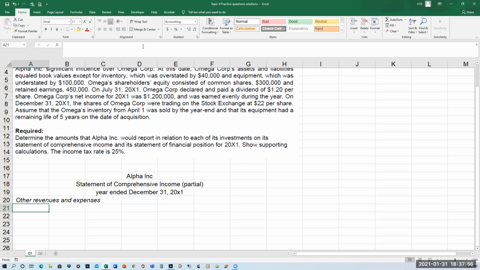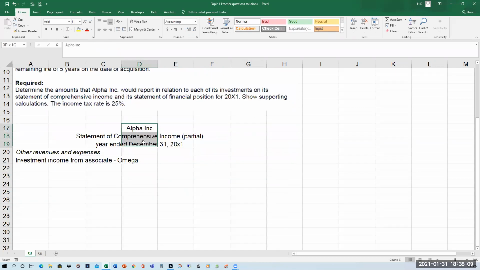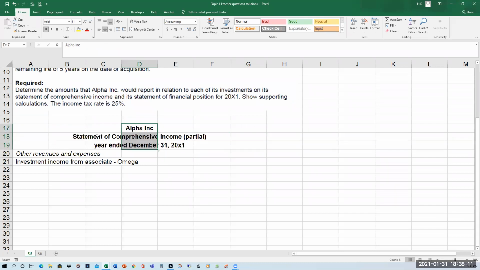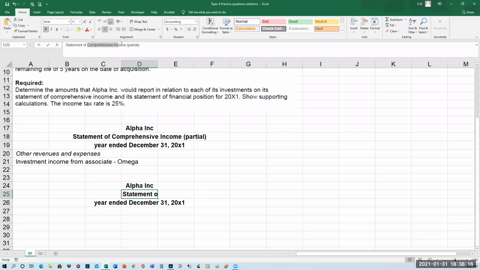Alpha will report investment income from associates. Here is Omega. And on its statement of financial position, at December 31st, 2001, will report the investment in Omega as a long-term investment.